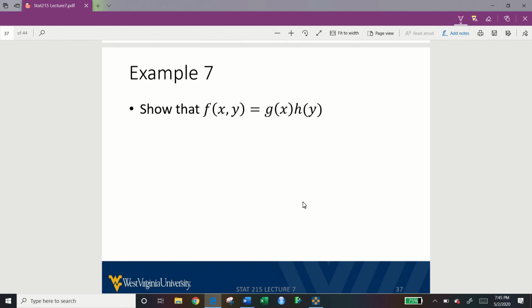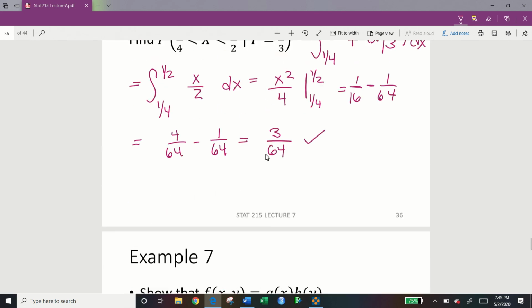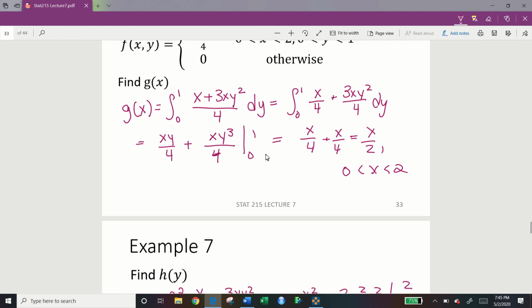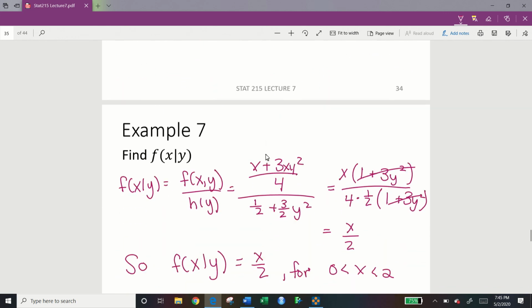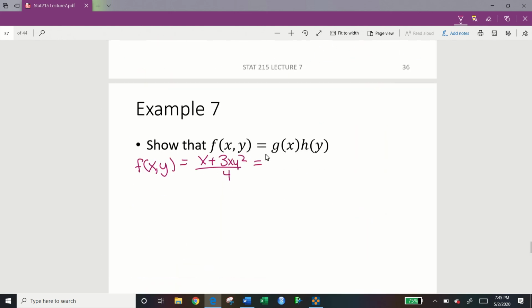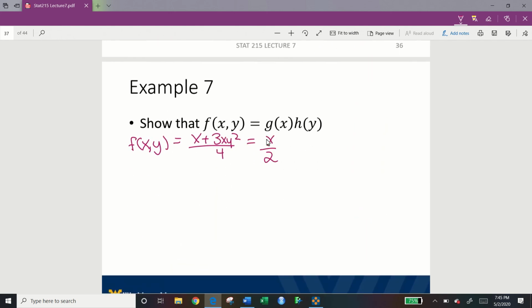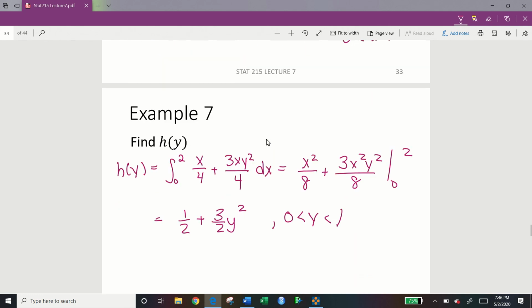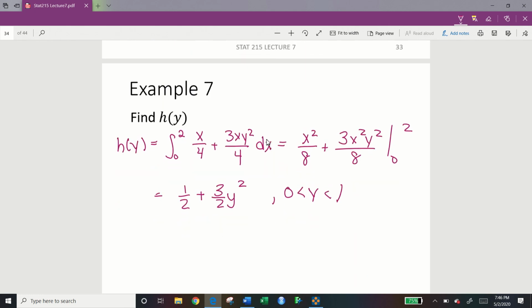So if we recall, f of x comma y equaled x plus 3xy squared over 4, and our g of x was, let's double check, g of x was x over 2, and then h of y was 1/2 plus 3/2 y squared.